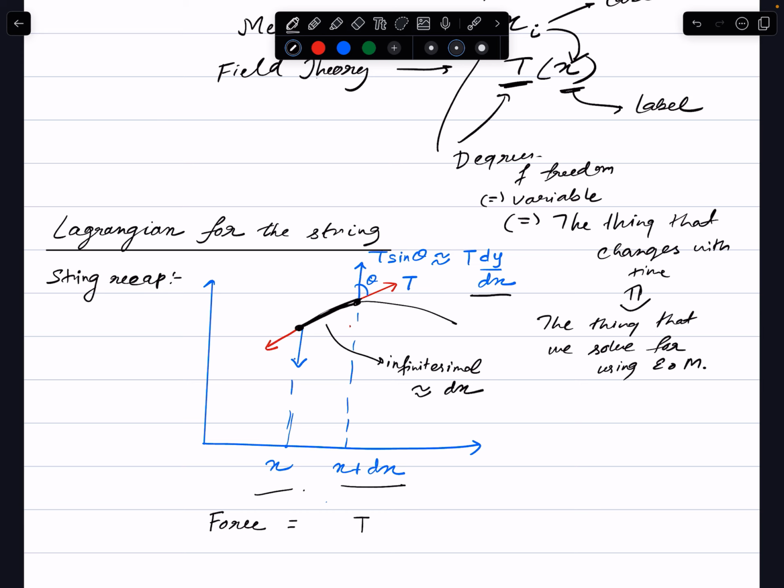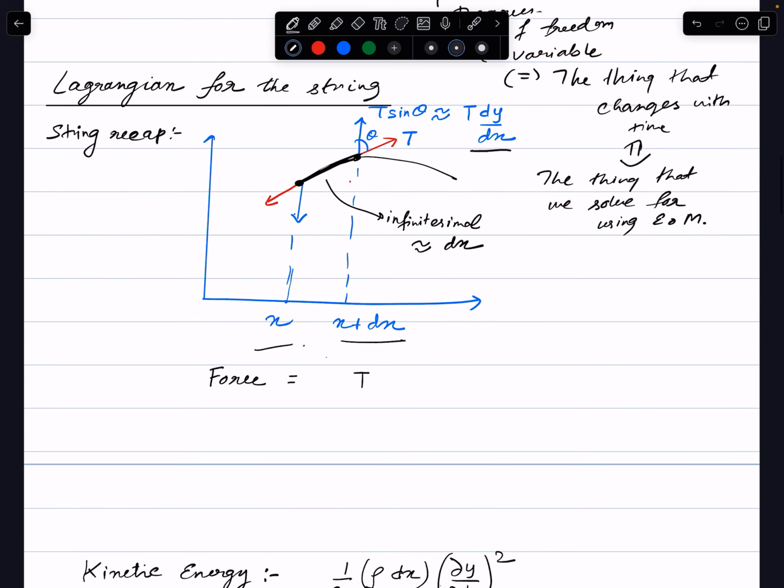The details are not so important. So the force at this point is T dy/dx at x plus dx, and the force at this point is minus T dy/dx.